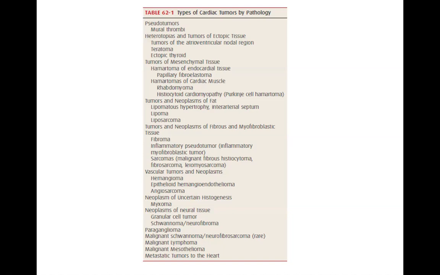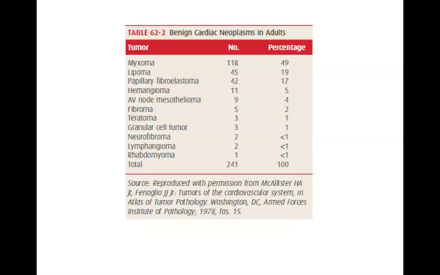Tumors coming from mesenchymal tissues such as hamartomas, endocardial tissue, papillary fibroelastomas, hamartoma of cardiac muscle, rhabdomyomas, histiocytoid cardiomyopathy, or tumors coming from fat, like lipomatous hypertrophy of the interatrial septum, lipoma or liposarcoma. You can go through the list. Any cardiac tissue present in the heart can present with a tumor.